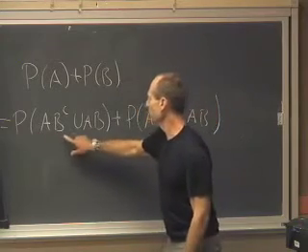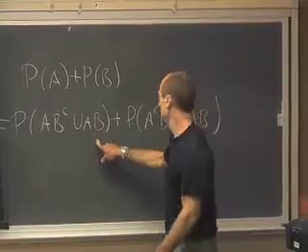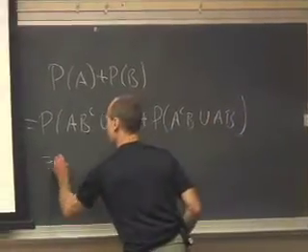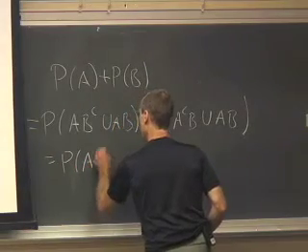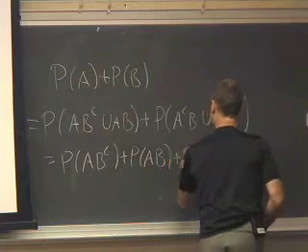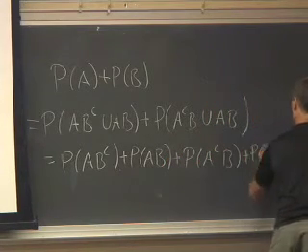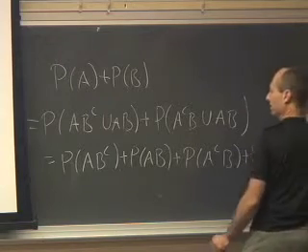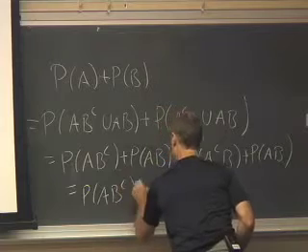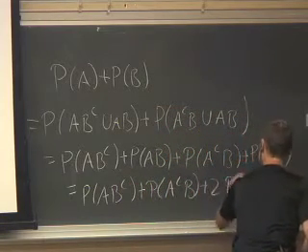So the probability of this union is the probability of that plus the probability of that, and similarly for the other. So this is P of AB complement plus P of AB plus P of A complement B plus P of AB, which is P of AB complement plus P of A complement B plus 2 times the probability of AB.